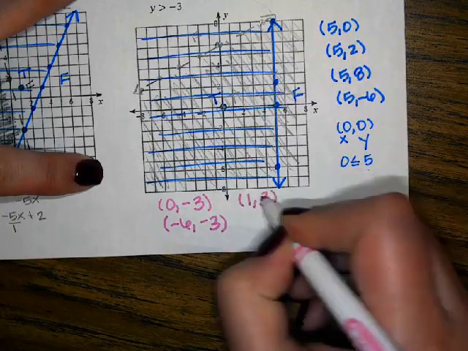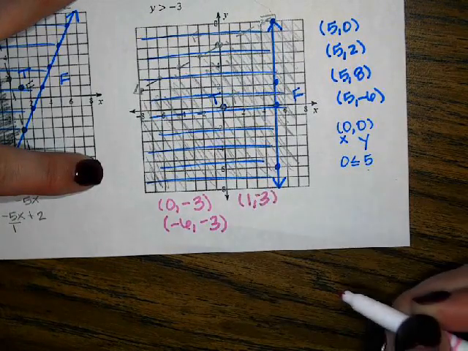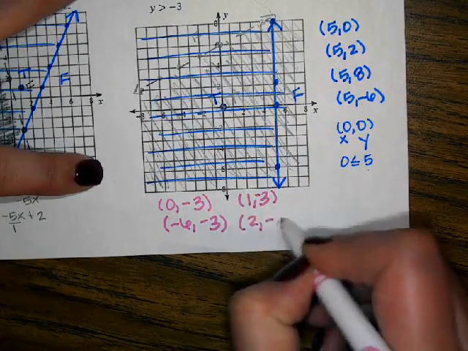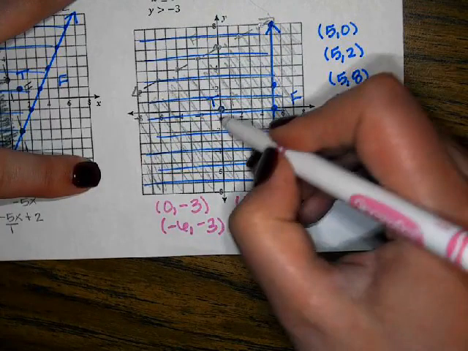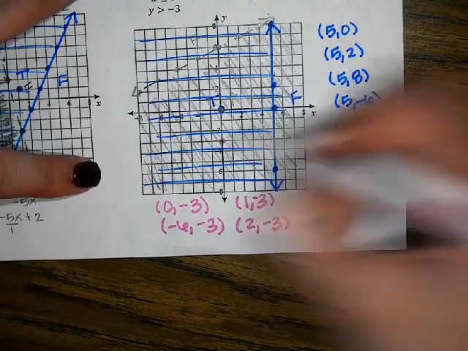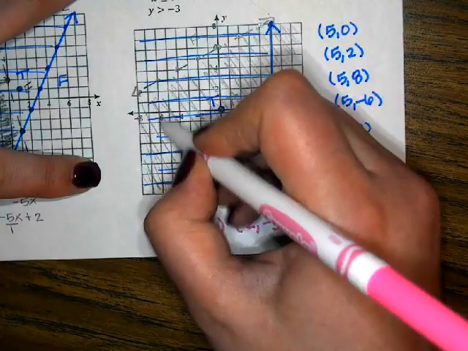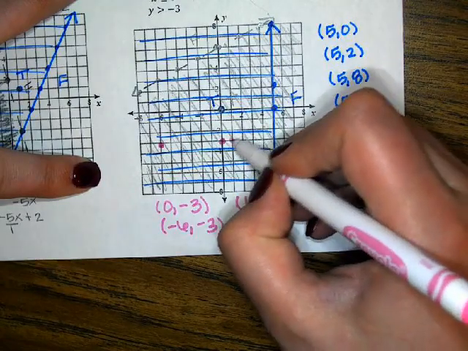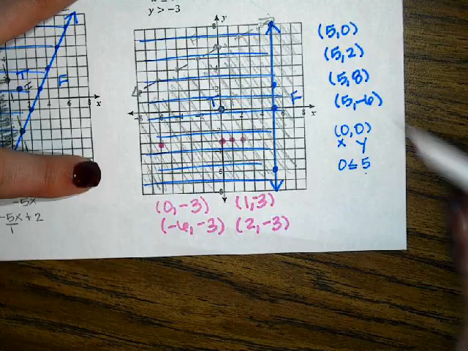Okay, let's graph these points. So we have 0, negative 3. We have negative 6, negative 3. We have 1, negative 3. We have 2, negative 3. Okay, so when we connect those points, do we have a dotted line or a solid line?